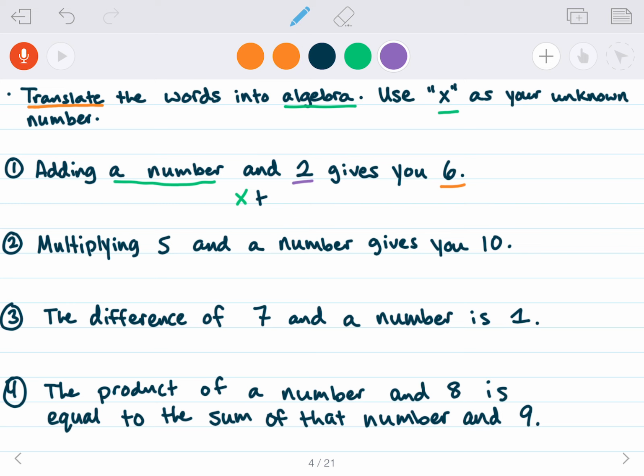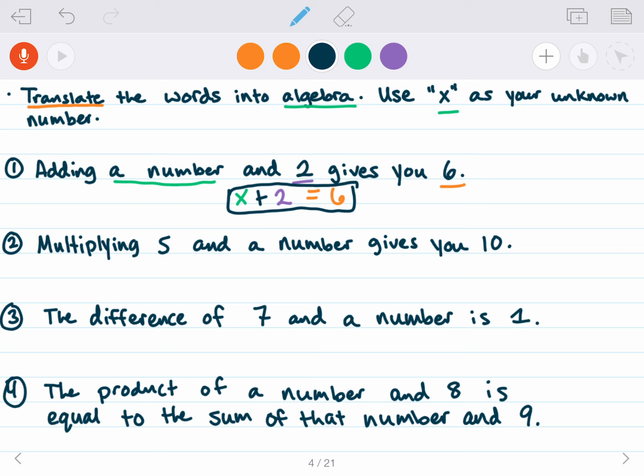What are we adding to the number? We're adding 2 to it, and the result is 6, so this is going to equal 6. That number has to be 4, but it just asked us to translate this into algebra. So that is this statement in algebra.